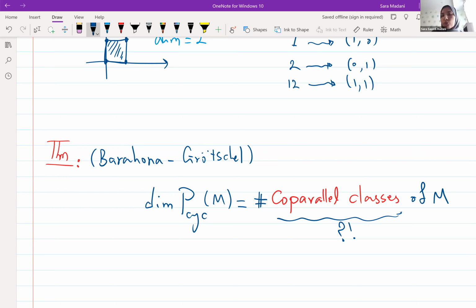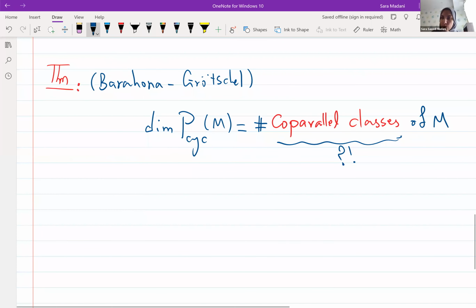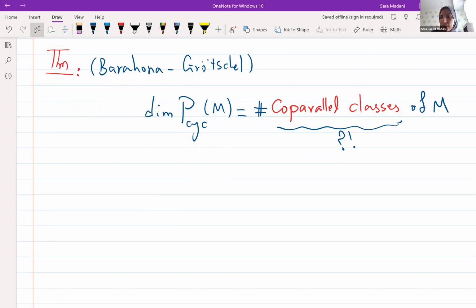Now we have motivation and we have some reason to understand this expression, what a co-parallel class of M is, and that we should try to compute the number of them. Okay, so let's go to the matroid world again to obtain some tools to understand this formula better.